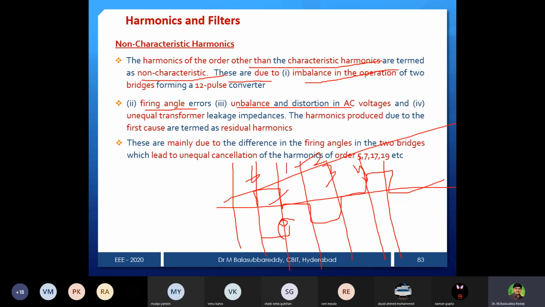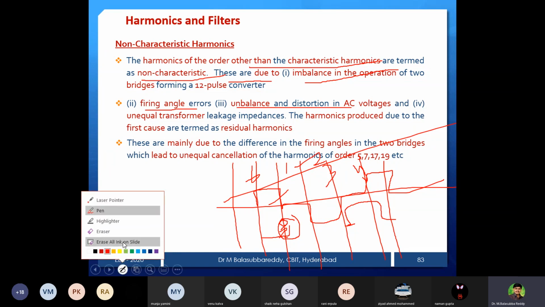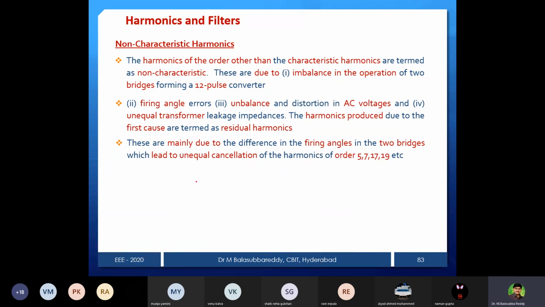So at this point it will not conduct exactly, but at a slightly later point in time. Similarly, if an error occurs in some other device, then instead of firing like this, it may fire like this. That is what we call firing angle errors.